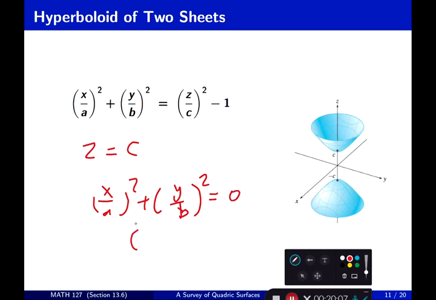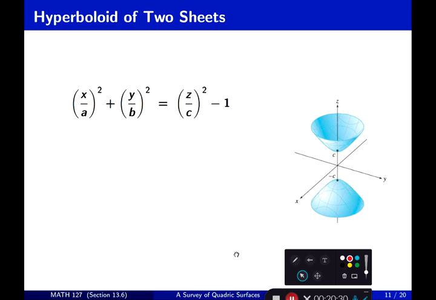So you get 0 for x, 0 for y, and c. Now if I set z equal to negative c, I also get the same value. So I get these 2 points by setting z equal to plus or minus c.